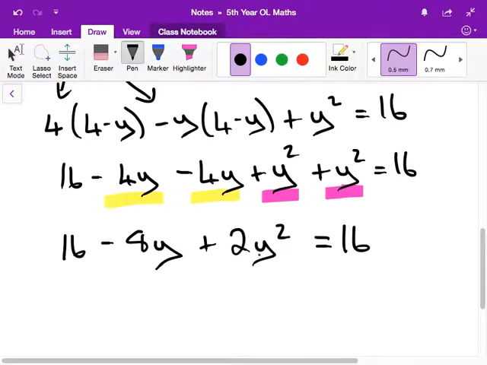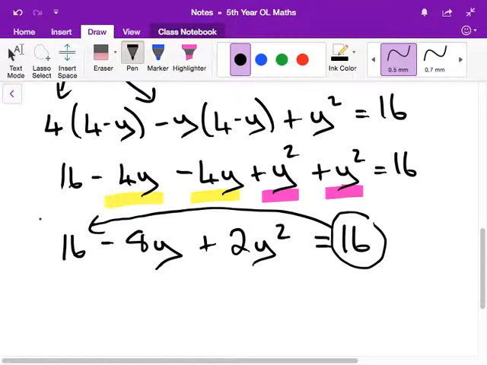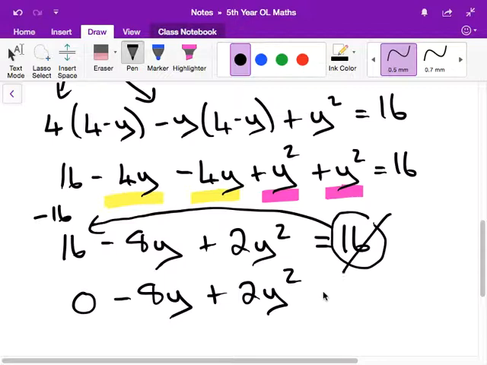Because it's a quadratic, we need to have all of the bits, the y squared, the y, and the numbers all on one side. So we take the 16, we bring it over, and it's going to become a minus 16, and then we lose it here. So we have 0 minus 8y plus 2y squared equals 0.